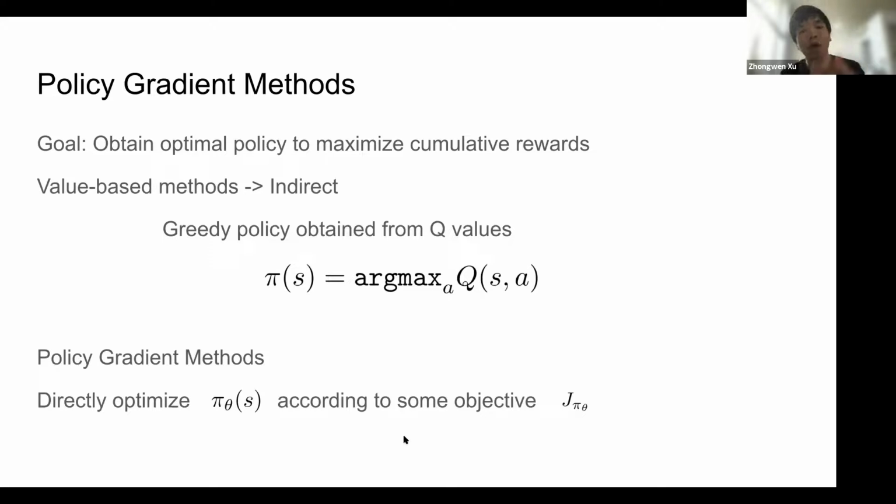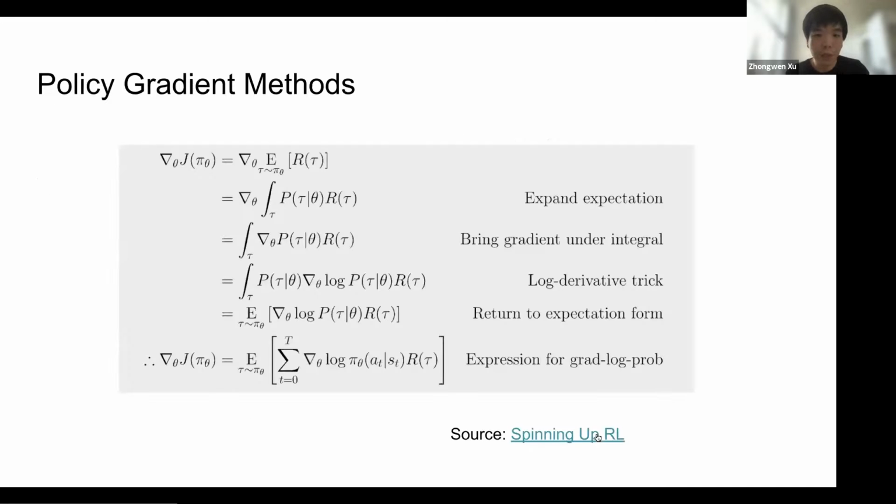And then we optimize this pi theta according to some objective. For example, here we use J of pi theta as an objective. Just like any other optimization problem, we can define an objective and then use SGD to optimize the policy function.